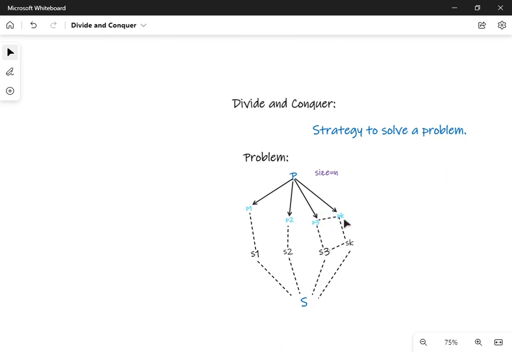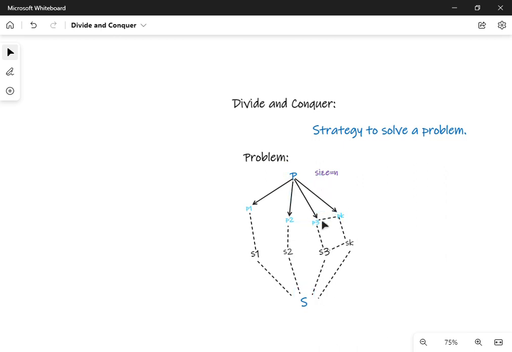We solve Pk and the solution becomes Sk. This is our third step. Our next step is to combine all these solutions of the subproblems together, and it becomes the solution of the main problem.